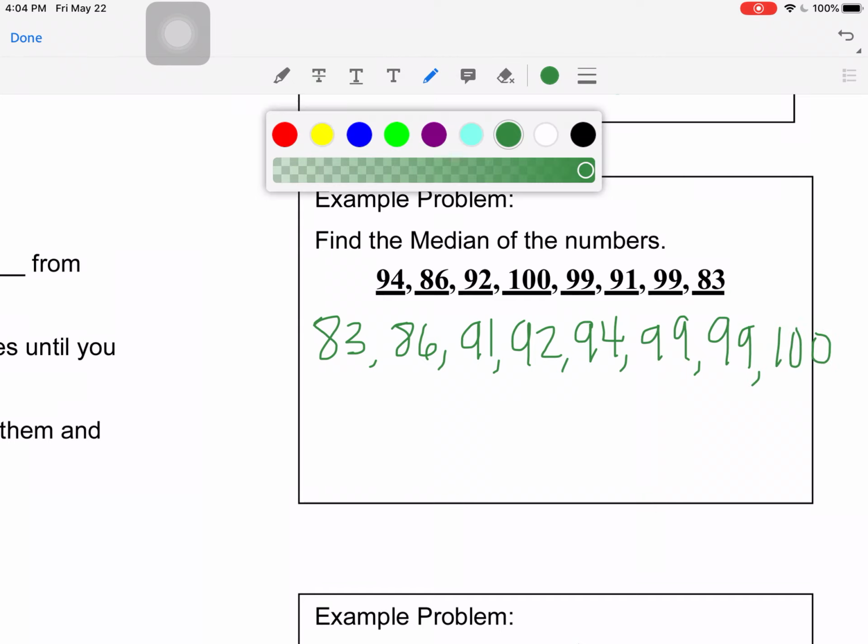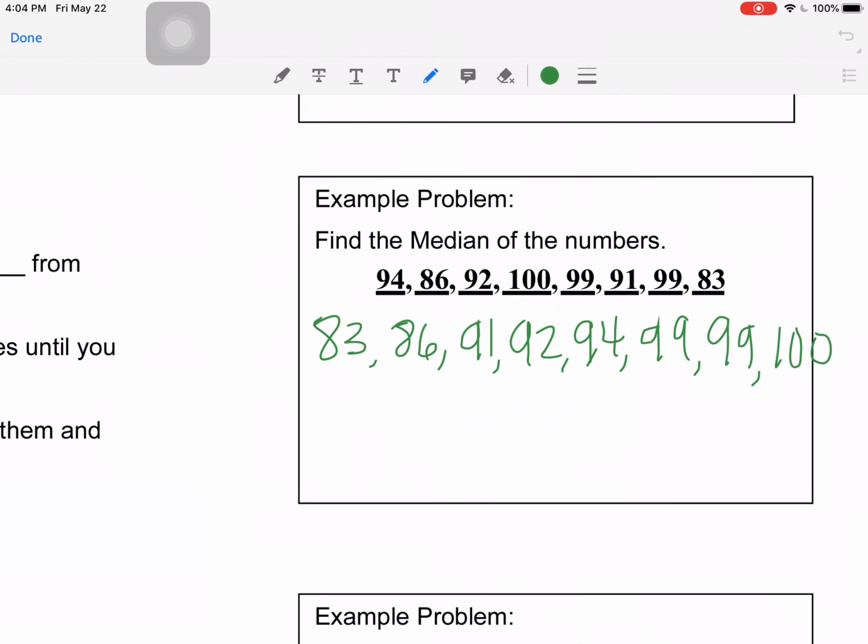Okay. So when we find the median, we are going to mark off a number from each side of our data set until we reach the middle. So we have 83, 99, 86, 99, 91, and then we have two numbers in the middle. So when we have two numbers in the middle, our median is between those two numbers. So to find the median, we need to add those two numbers and divide by 2.